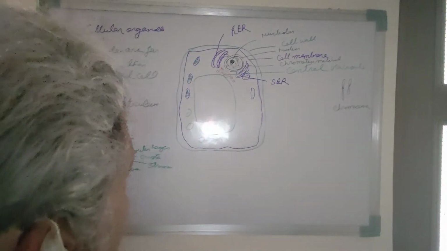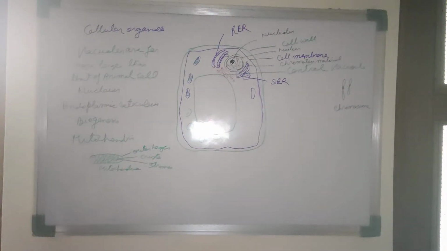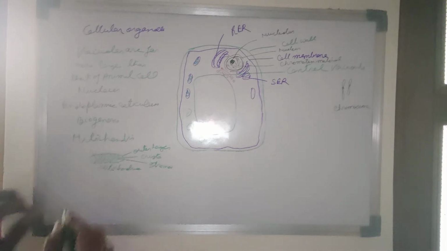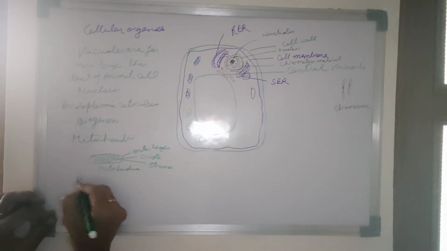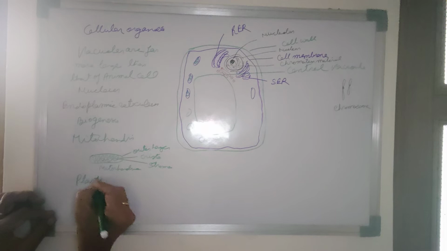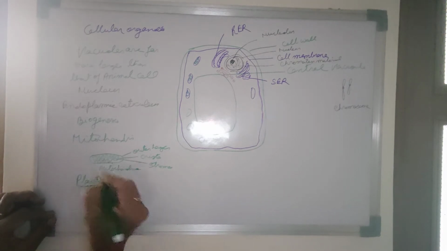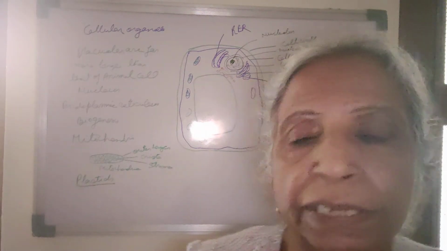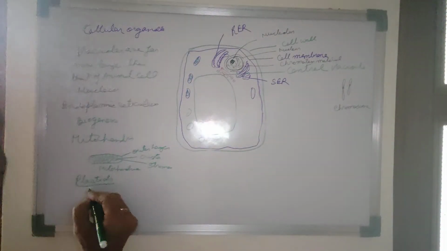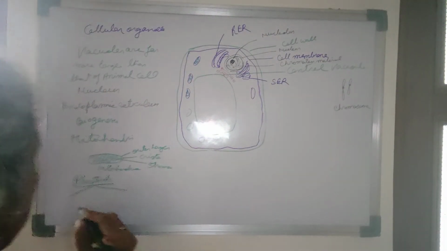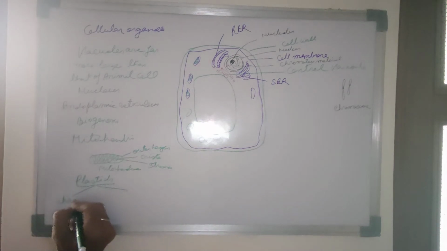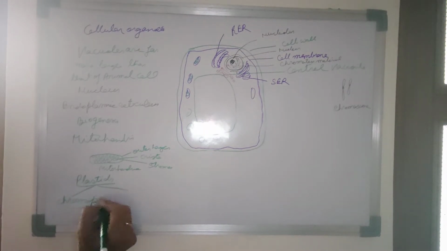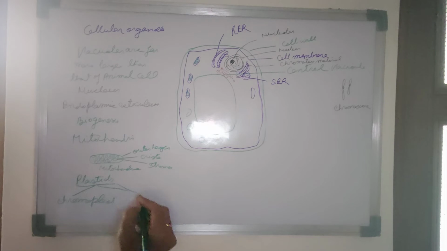Then we come to the most important structure present in the plant cell, the plastids. Plastids are not present in animal cells. They are present only in plant cells. There are two types, chromoplast and leucoplast.